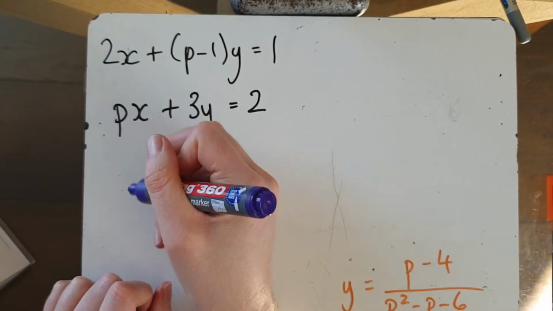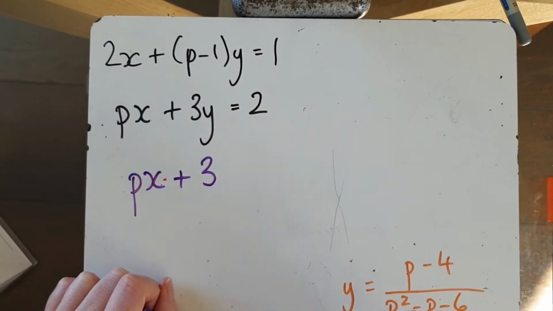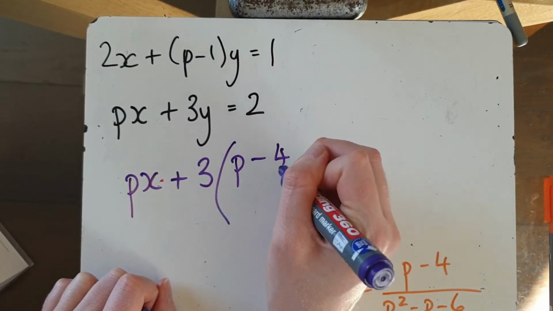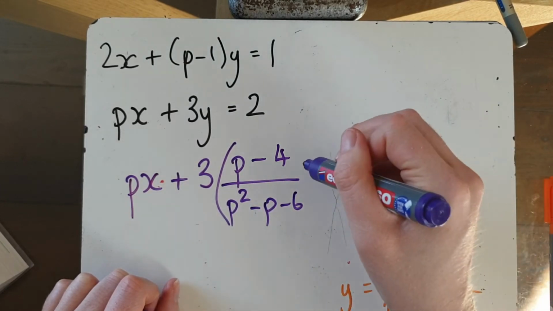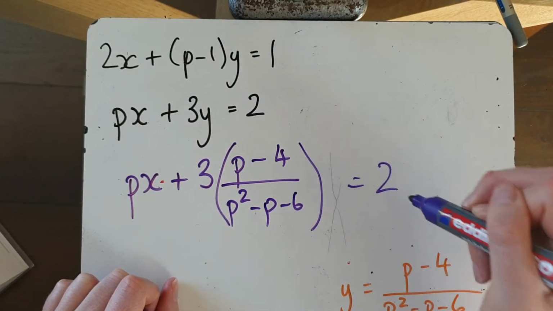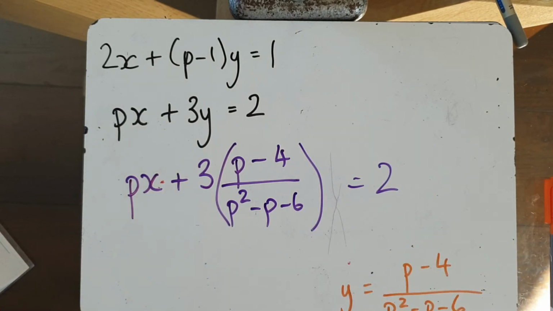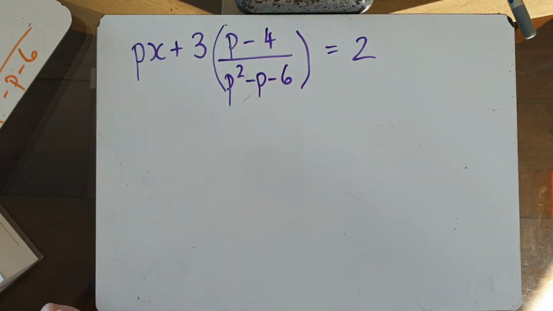So I will have px, that stays the same, plus 3 times y, so (p minus 4) all over (p squared minus p minus 6), equals 2. And this is the equation that I then want to start solving to find x, because I've only got x in here now. I already know what y is.